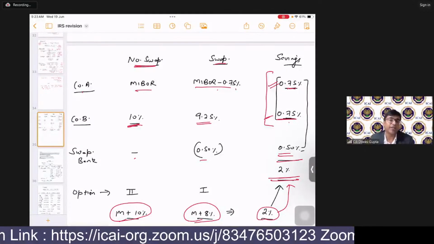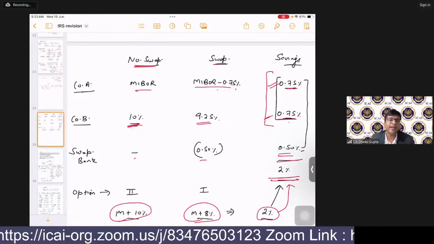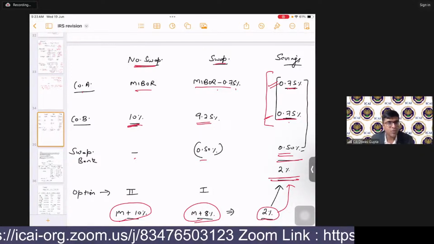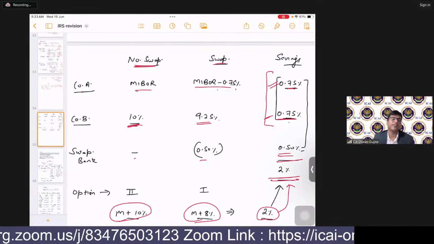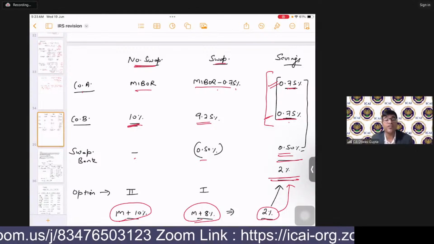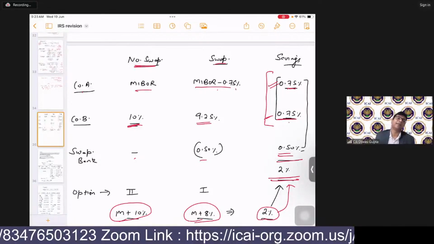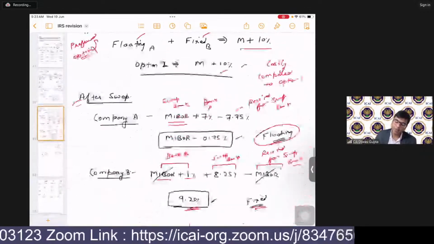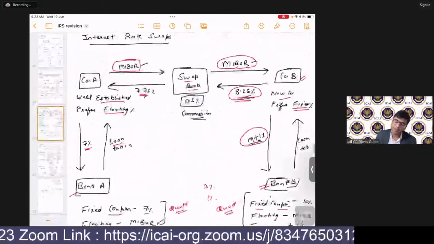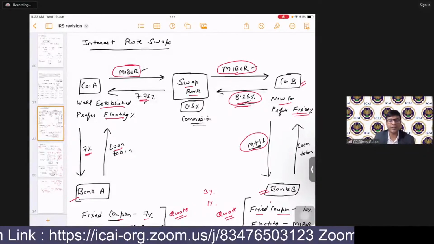Now, these products, let me come to practical life. This is the entire case study that we have discussed to understand how the entire process works. But in practical life, the process has a lot of different things attached to it. For example, the swap bank. The role of the swap bank is to swap your fixed obligations to floating or floating obligations to fixed, right?